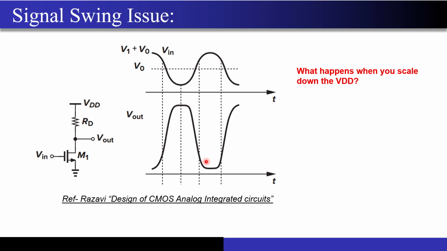What happens to the swing now? The swing limits will decrease. Exactly, the swing limit will decrease, right? Very good. So now we face the first issue of channel scaling with respect to the analog designer, guys. The swing limits that I was getting in the older technology nodes, I'm not going to get the same swing limits if I try to design the same circuit in a state of the art, maybe 5 nanometer TSMC technology node. Correct? I hope that part is very much clear.